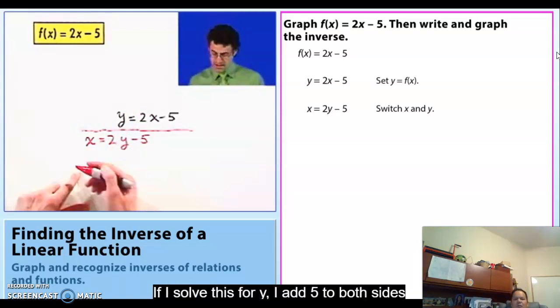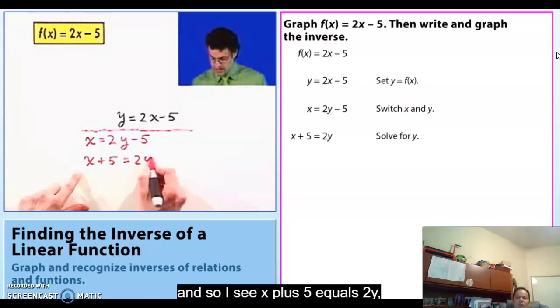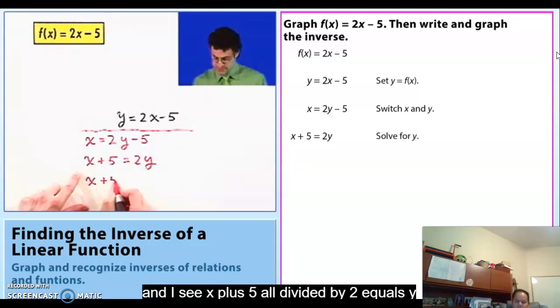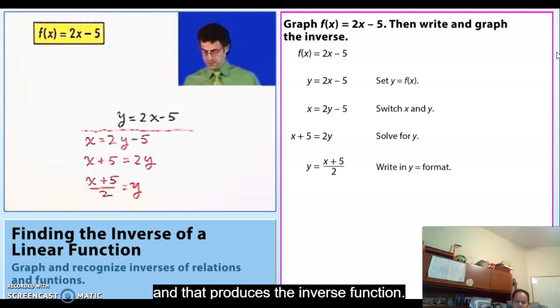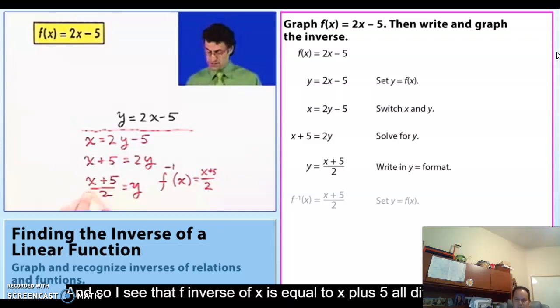If I solve this for y, I add 5 to both sides, and so I see x plus 5 equals 2y. Divide both sides by 2, and I see x plus 5 all divided by 2 equals y, and that produces the inverse function. So f inverse of x is equal to x plus 5 all divided by 2.